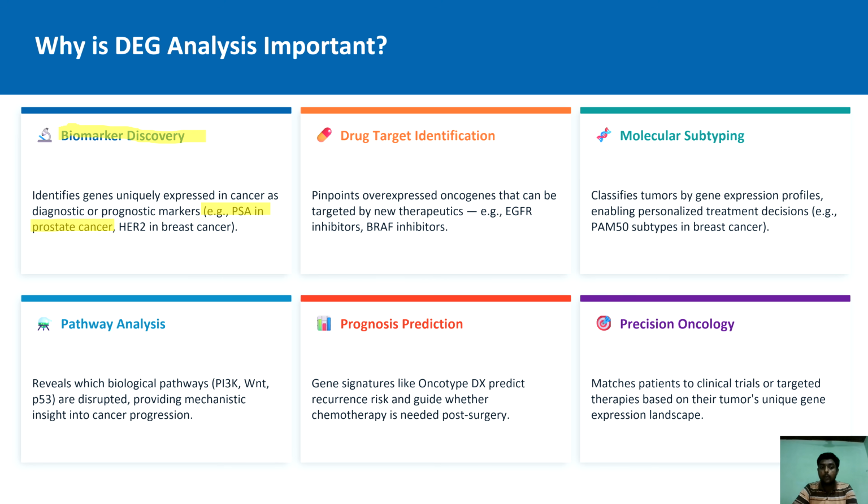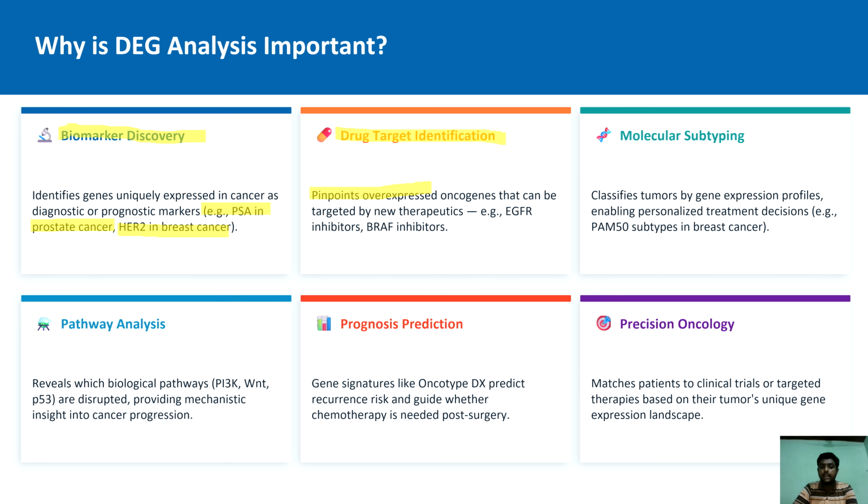PSA means prostate specific antigen, and its level can tell whether cancer is there or not in prostate cancer patients. In breast cancer, HER2/neu is a potent biomarker for the HER2/neu subtype, the third subtype of breast cancer mainly.